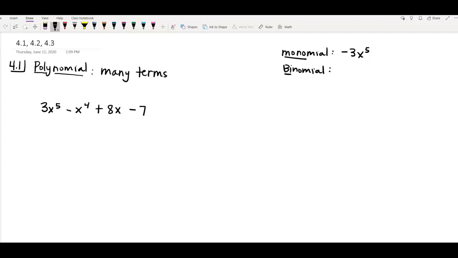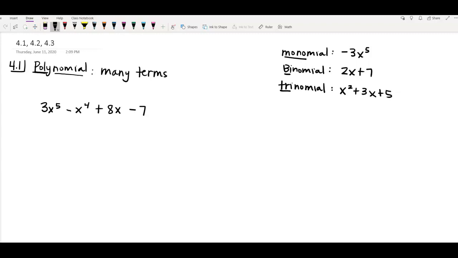Bi meaning 2, so 2 terms, maybe something like 2x plus 7. And then also trinomial. Tri meaning 3, so maybe x squared plus 3x plus 5. So 1 term, 2 terms, 3 terms, but if it has more than 3 terms, we just call it a polynomial. They don't have any special names.